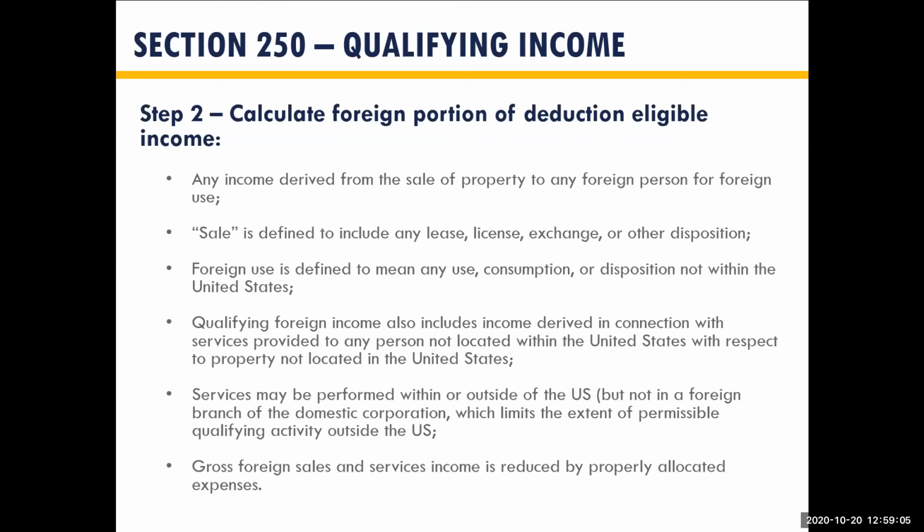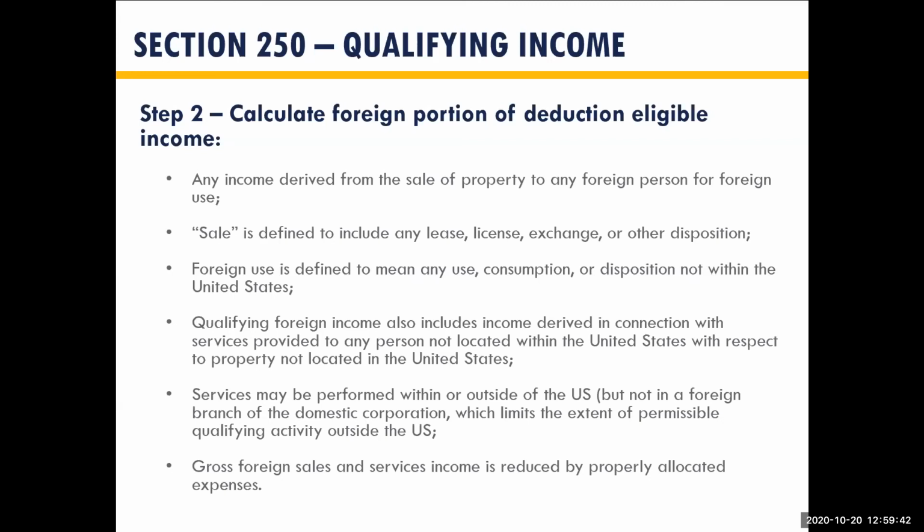So we have some common themes where foreign use means you have to use the property outside the US. But note that in an FDII context, you have more things. So you could provide services in the US with respect to property located outside the US, and that would qualify. For IC-DISC, services would only qualify if they were architectural or engineering services provided for construction projects outside the US.